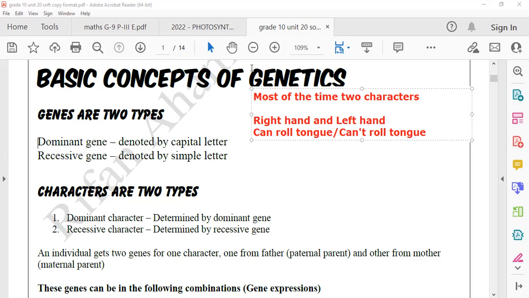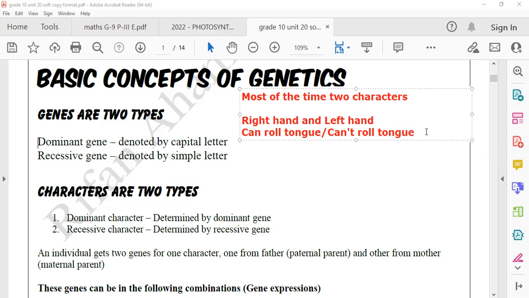Altogether, 8. Out of 25, only 8 can't roll tongue. The rest, 17, can roll tongue. Can roll tongue is a dominant character. Are you clear?